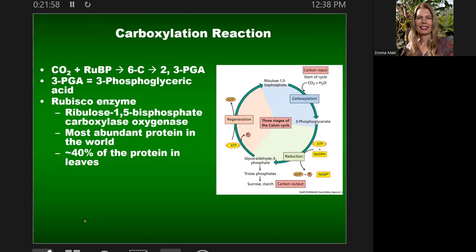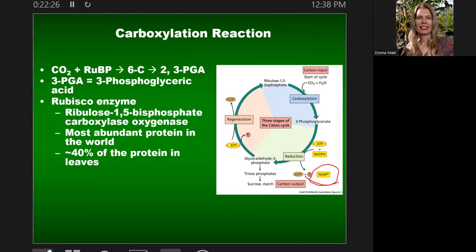The carboxylation phase is when CO2 is coming in and carboxylating the RUBP. So RUBP and CO2 react and you then have the PGA. And to go from PGA to G3P, that's what they call a reduction, primarily because NADPH is being used to give off electrons.